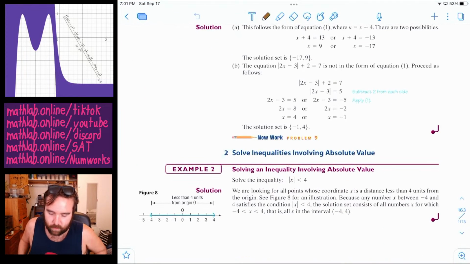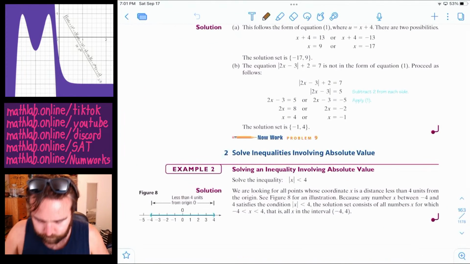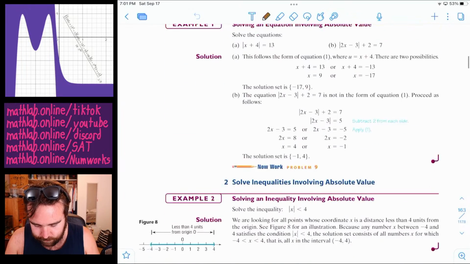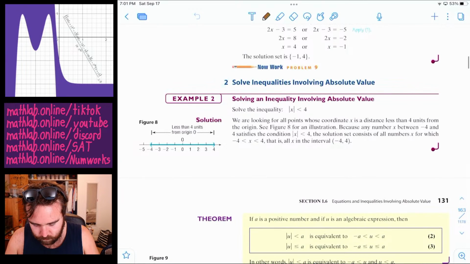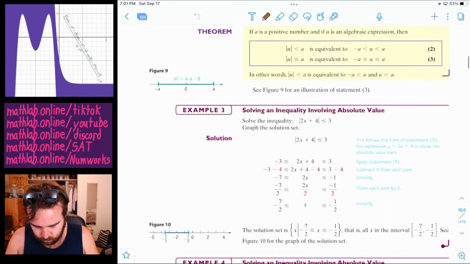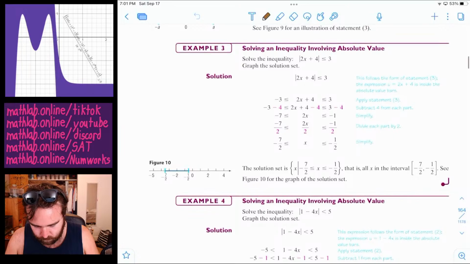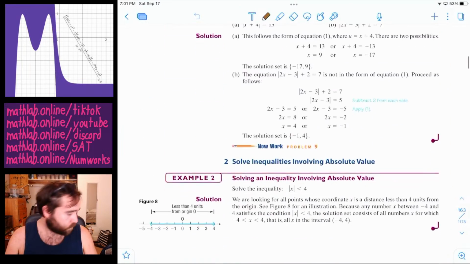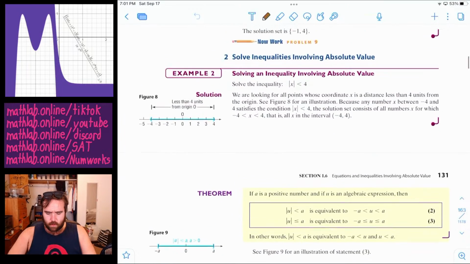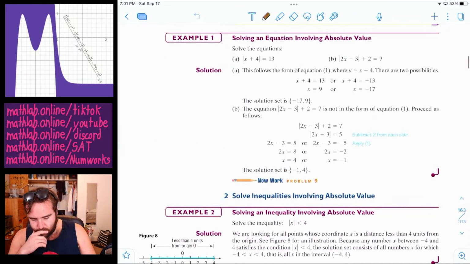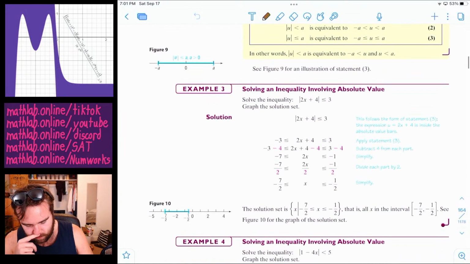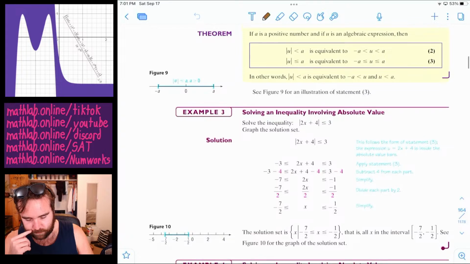Let's come into Notability, so I know where I'm at. Yeah, I did those. Did I do that? Yeah, I did do that. I didn't do this one, though.